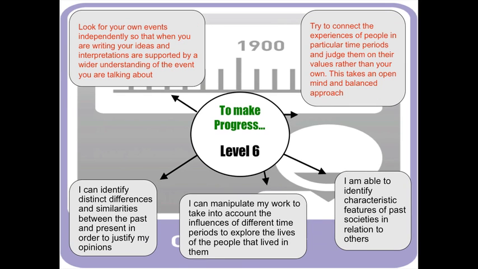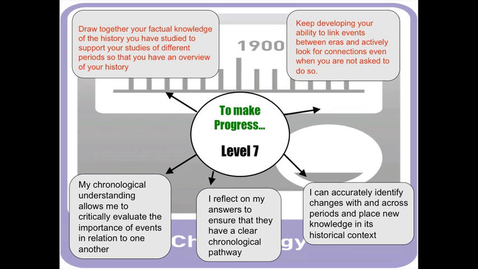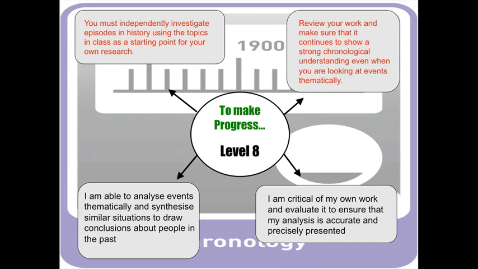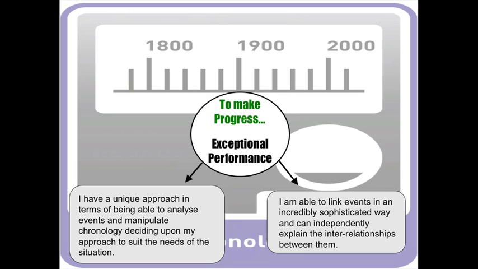At Level 6, at Level 7, at Level 8, and in order to make exceptional performance levels. Please use the information and knowledge explained in this presentation to justify the performance that you think you have achieved.